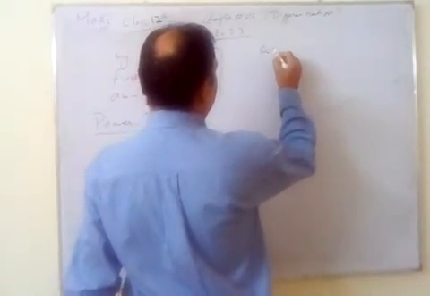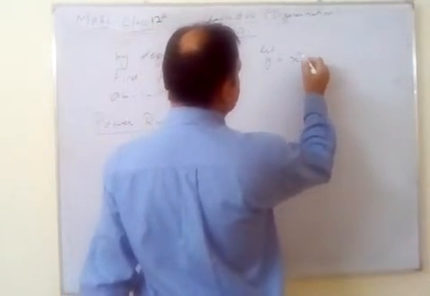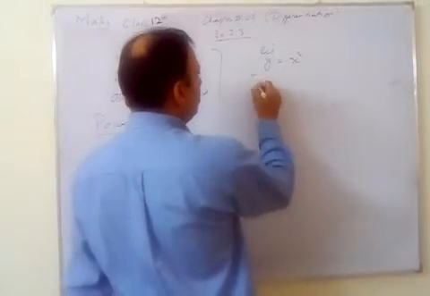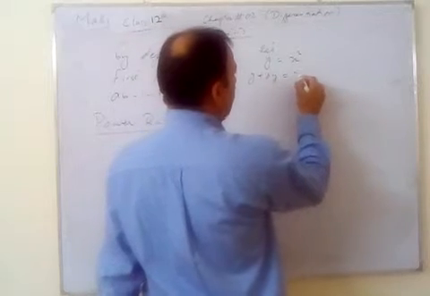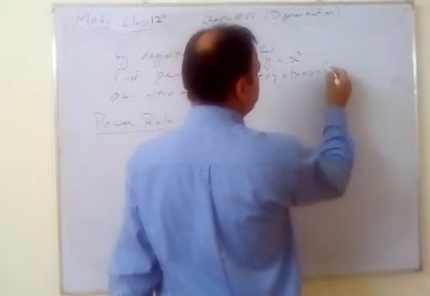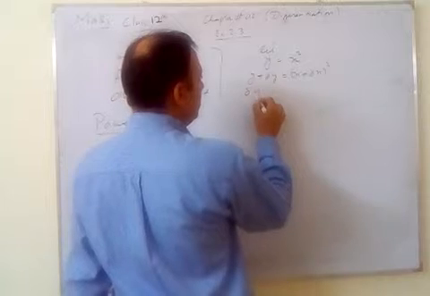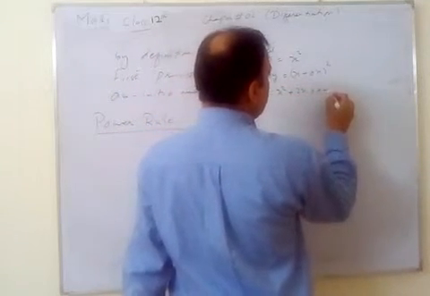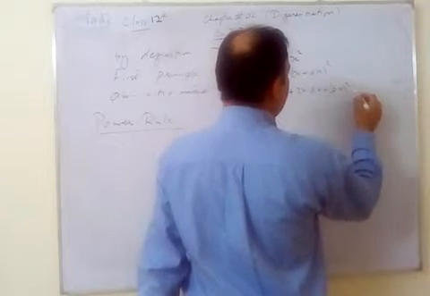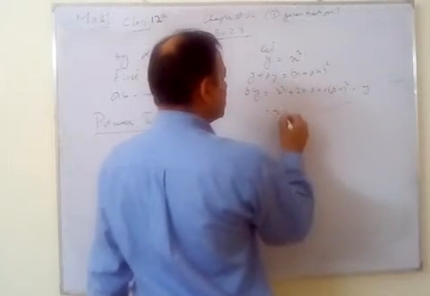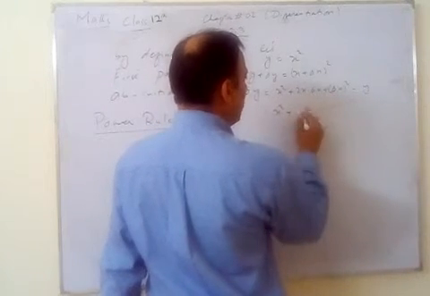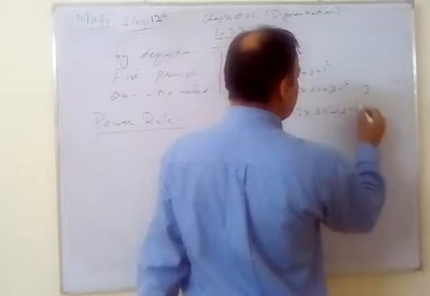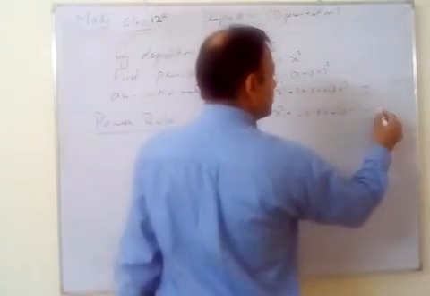For example, if we have x square, what is the derivative with this formula? y plus delta y equals x plus delta x whole square, so delta y is equal to x square plus 2x into delta x plus delta x whole square minus y, or x square plus 2x into delta x plus delta x whole square minus x square.